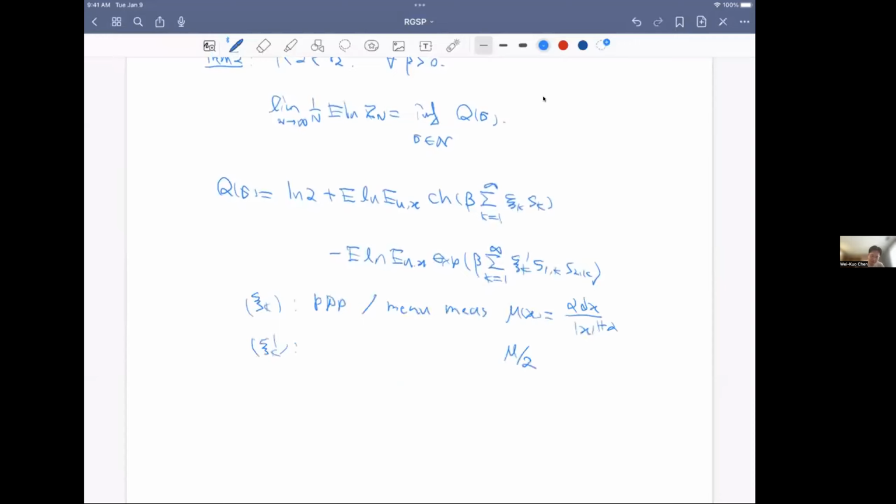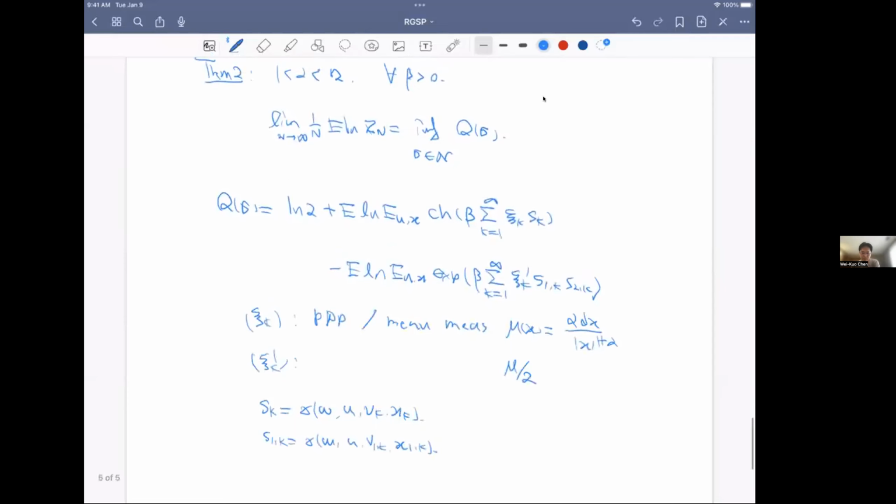Finally, you see there's an S_k. What is S_k? S_k is just sigma of W, U, V_k, X_k, and then S_1k and S_2k are defined in the same way, with V_1k and X_1k.